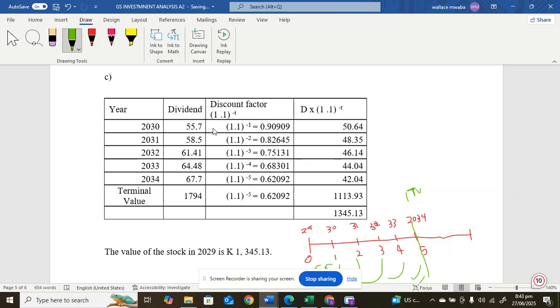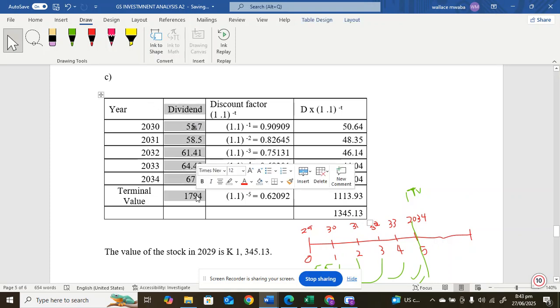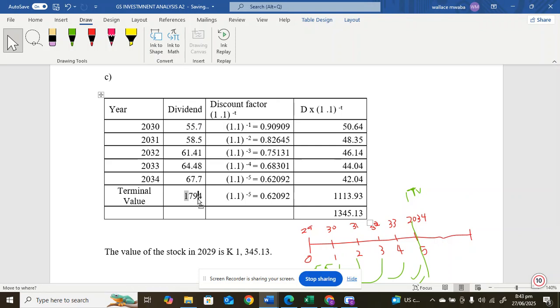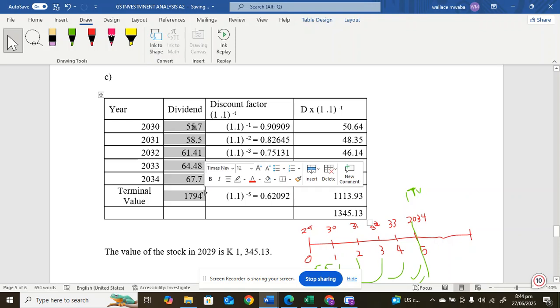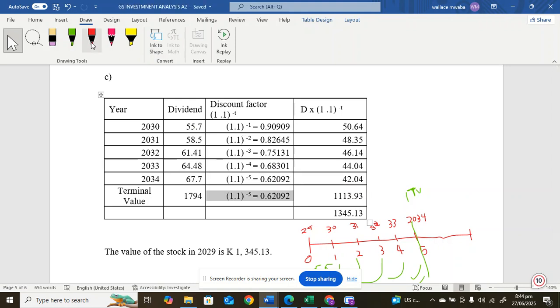This information here on the dividends is what we calculated earlier when we were getting our expected dividends in the question, and our terminal value we also calculated here. So we need to discount this into today's value.